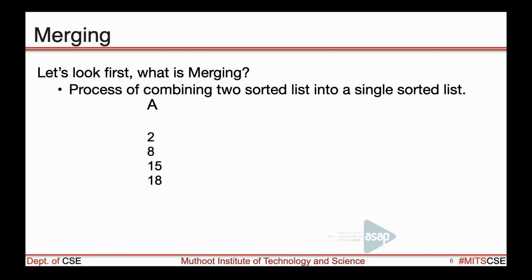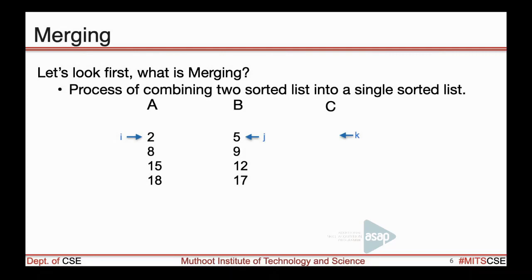For example, look, I am having a list A which contains the elements 2, 8, 15, 18 and a list B which contains 5, 9, 12 and 17. Now I need to find a new list C which should be a sorted list from A and B. So how will I start? In order to start, I need to have some pointers or some variables pointing to the position, right?